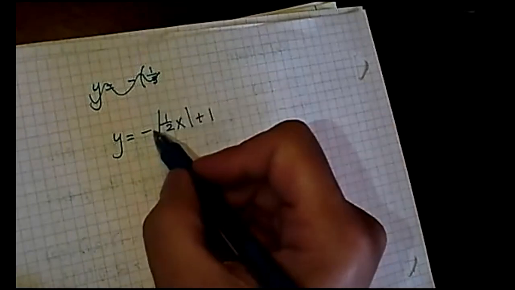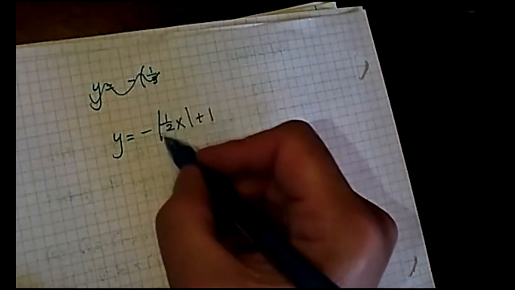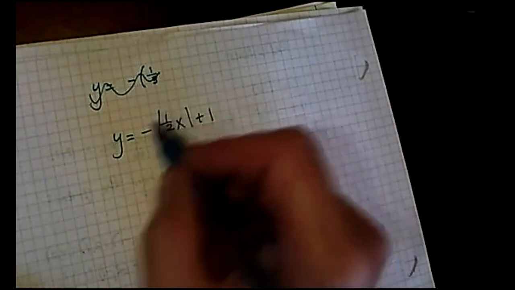So the next part I'm going to do is come out here, and right here, what is this going to be? Is that going to be a horizontal? Okay, so we know it's inside. So that means it deals with the x value. It's going to be horizontal. And is that going to be a shrink or a stretch?